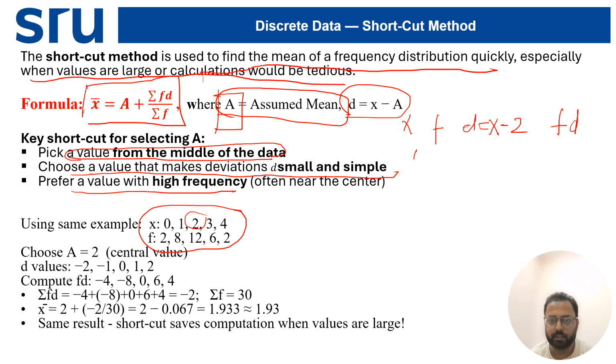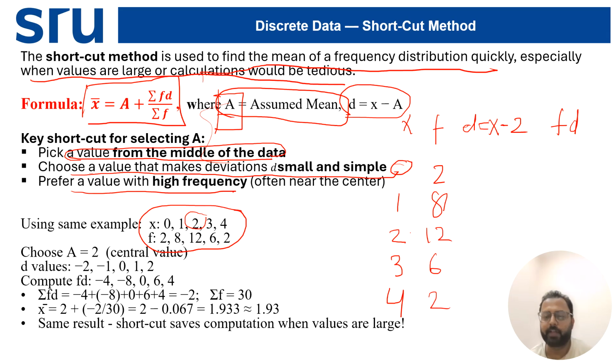Here x is 0, 1, 2, 3, 4 and f is 2, 8, 12, 6, 2.